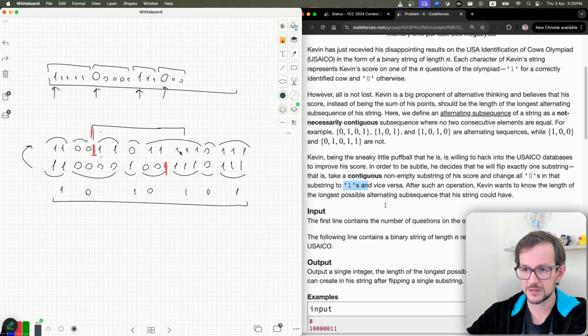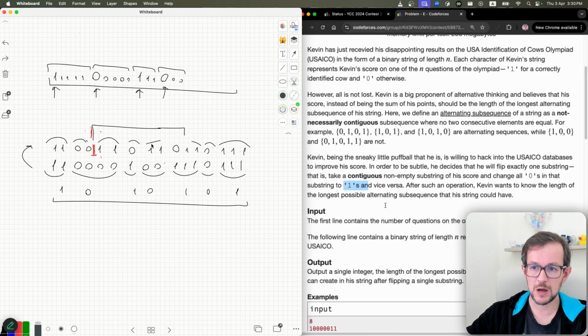So both ends. This is 0. Now this border stays the same, and here I create a new border, and here I create a new border. So I split this block, and I split this block.